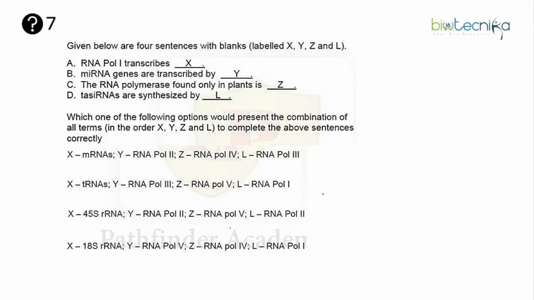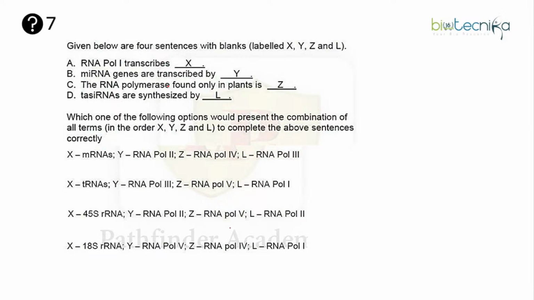All right. Now coming to a very easy question. It's just based on the polymerases. Given below are 4 sentences with blanks. Now I feel this is a very easy question. What about you? All you have to do is: RNA pol 1 transcribes dash. miRNA genes are transcribed by dash.